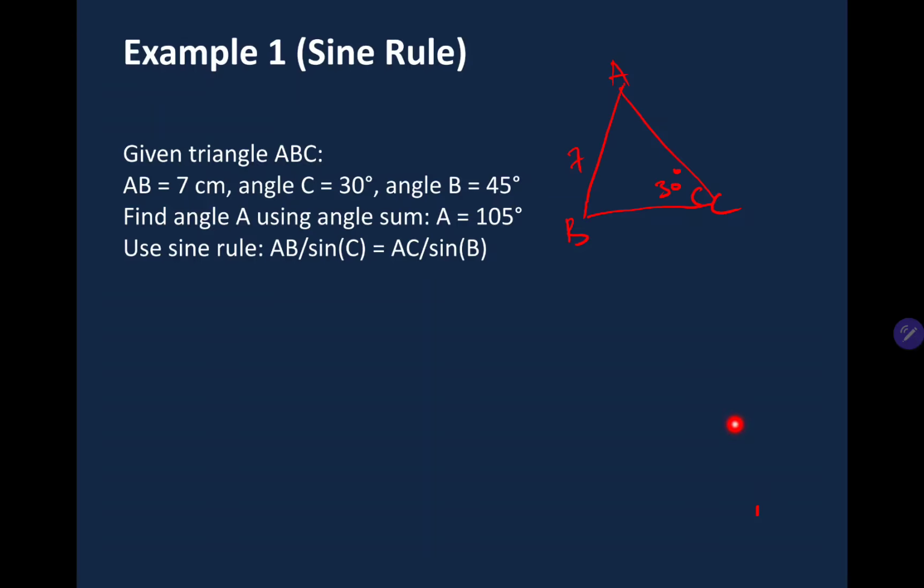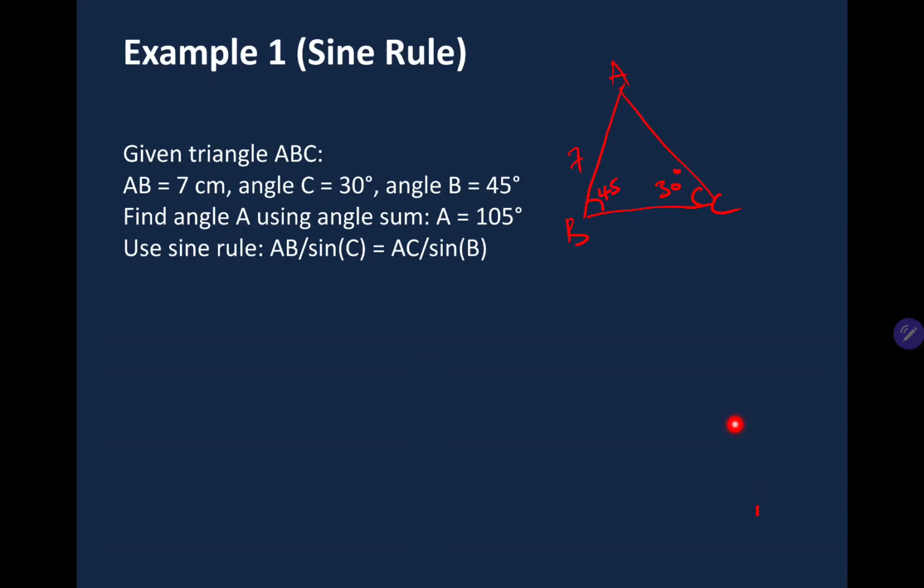Angle B is 45 degrees. We're told to find the angle A using the sum of angles. And then we're going to find all the angles, the missing angle, and all the sides in this example of this triangle.